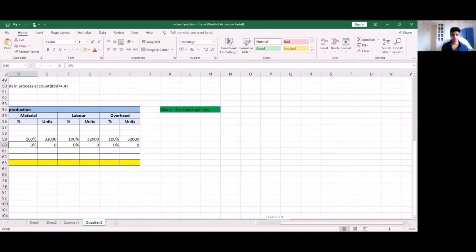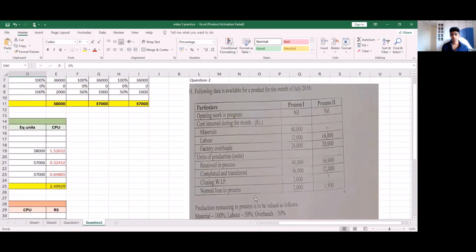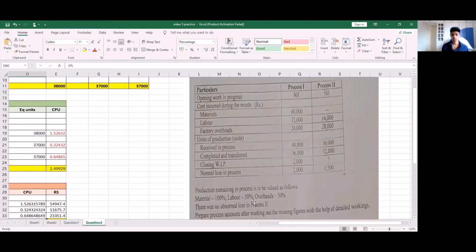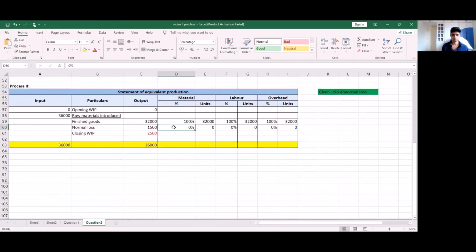Coming to our closing work in progress, we will take the same percentages for process 2. So in our process 1, we took closing work in progress degree of completion to be 100%, 50%, and 50%. We will take the same for process 2. So we have for materials 100%. For labor and overheads, we have 50%.